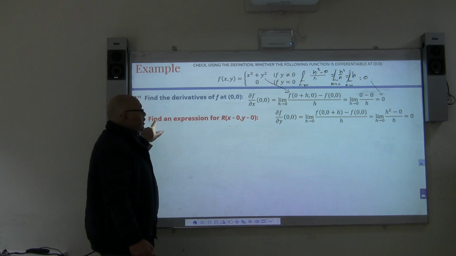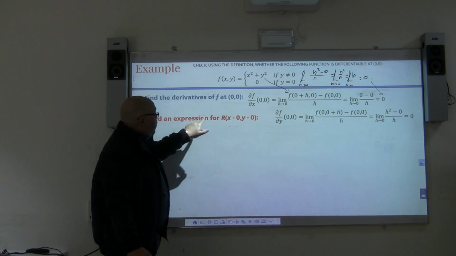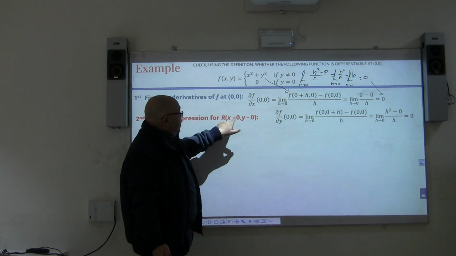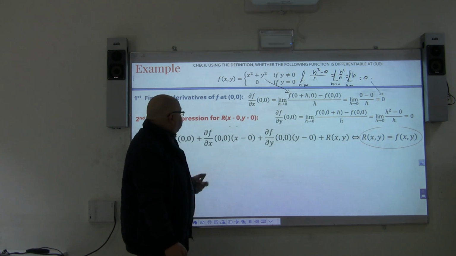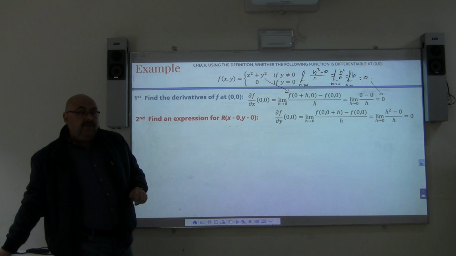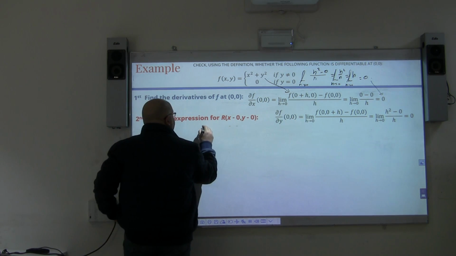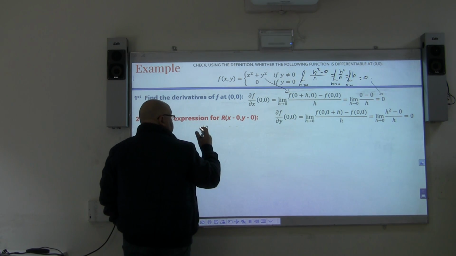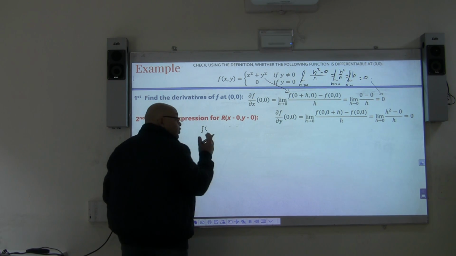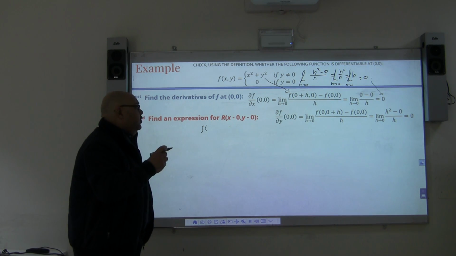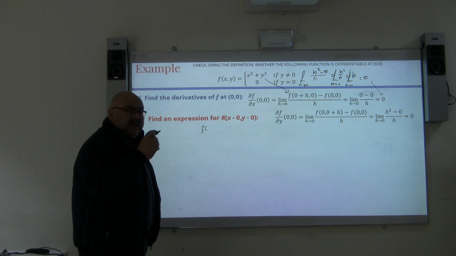The second, I will need to find the definition of r of (x minus a, y minus b). But remark here, a and b are zeros. So all I have to do is to write f of (x, y). Once more, I can write it this way. Omar, I'm writing and showing you on the slides because I need more concentration, and I want these equations to be as easy in digestion for you as possible.